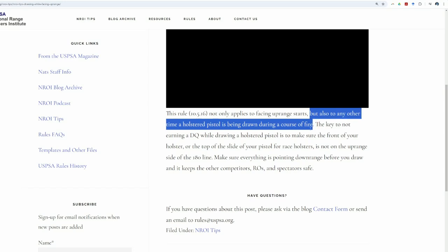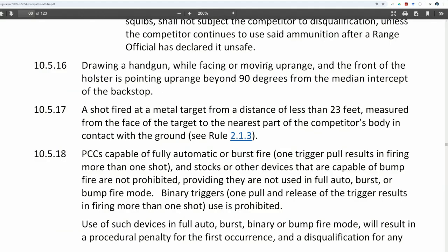That's not correct. We go back to 10.5.16. The only other time when it's not facing directly uprange is when you're moving uprange.